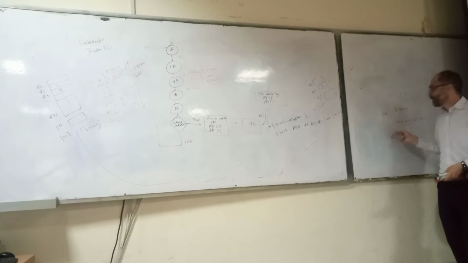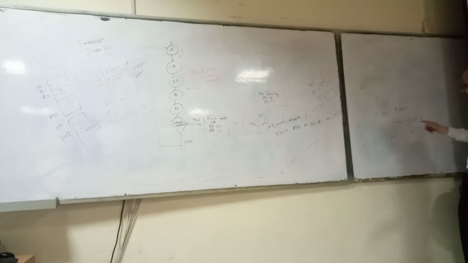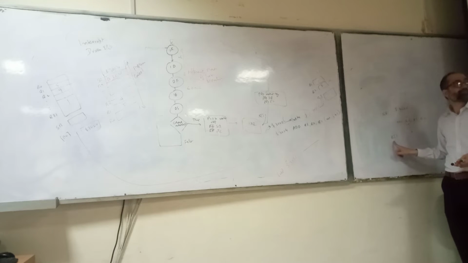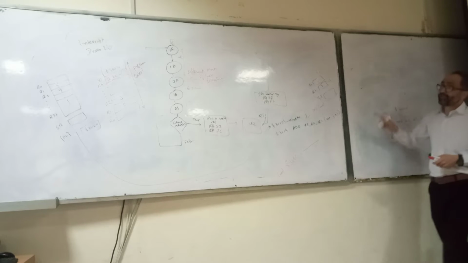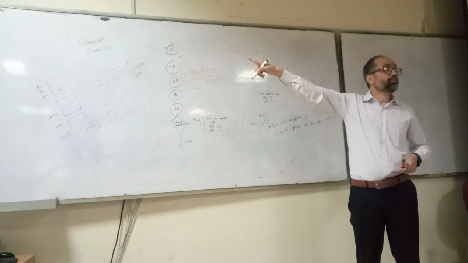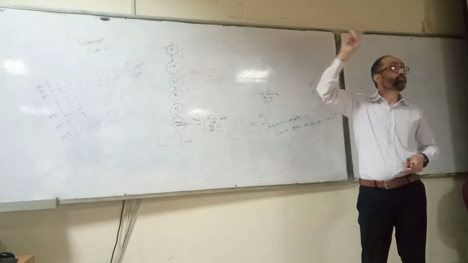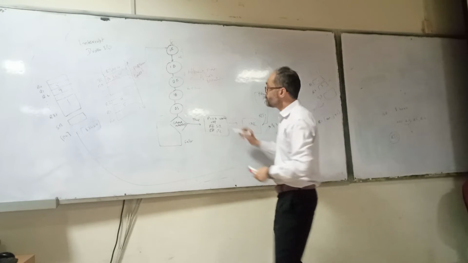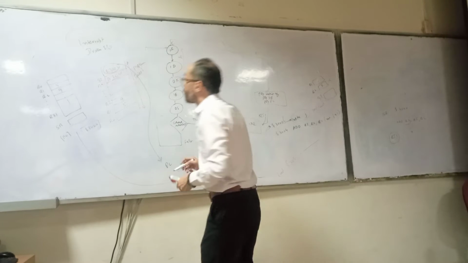To the subroutine. In the subroutine, if it changes R2 or R3, it doesn't matter at all. When the last instruction is executed from here, in the last instruction, what will it do? The value that is on the top of the stack will be moved where? To the program counter. This value will go where? Program counter.